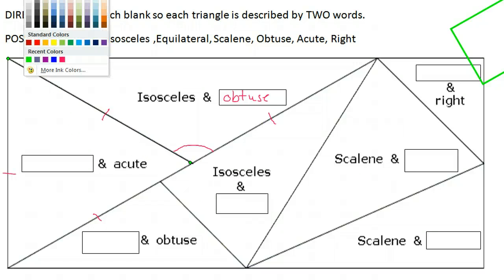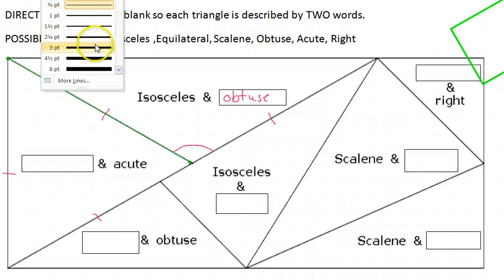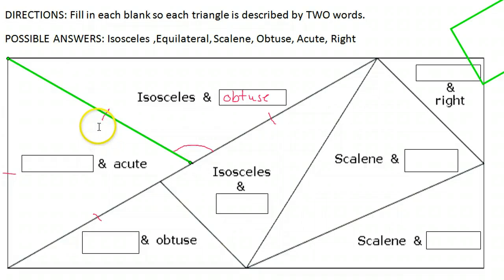Okay, so looking at this piece right here, that's how long that is. And if I take this and I just rotate it, that seems to be the same length right there. And if I rotate it again, all three of these sides are equal. So this is equilateral. Equilateral and acute.